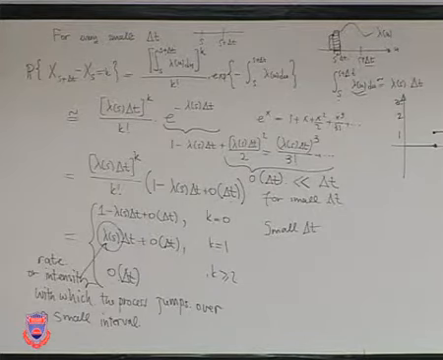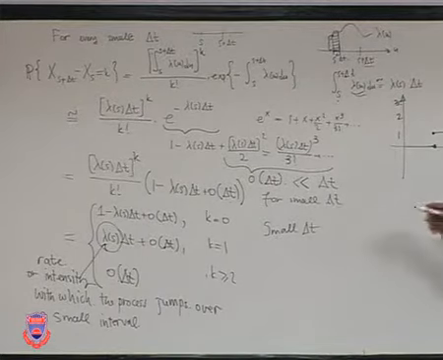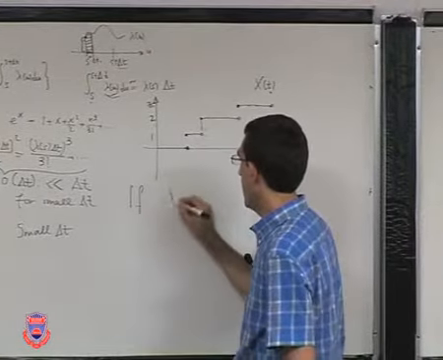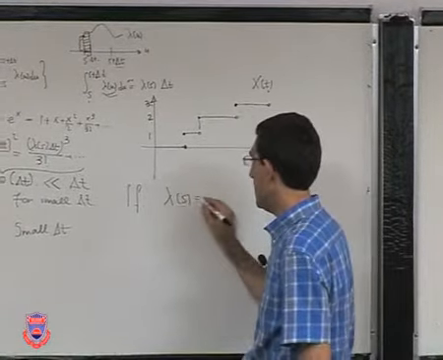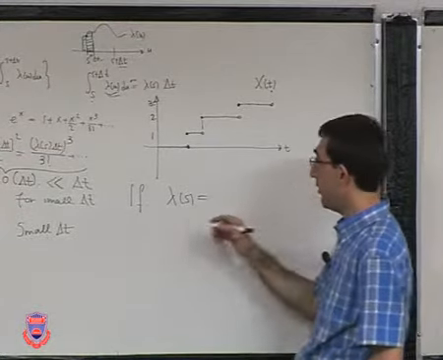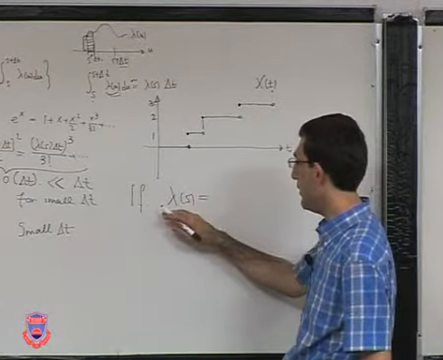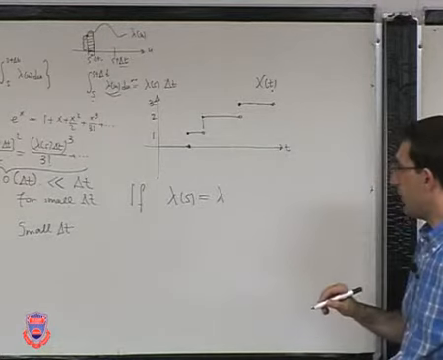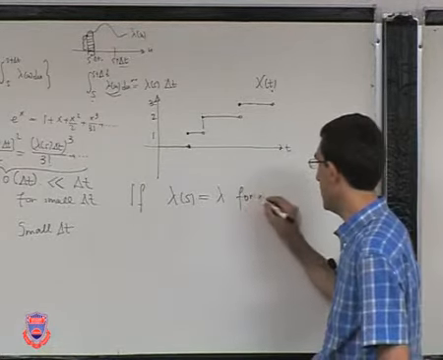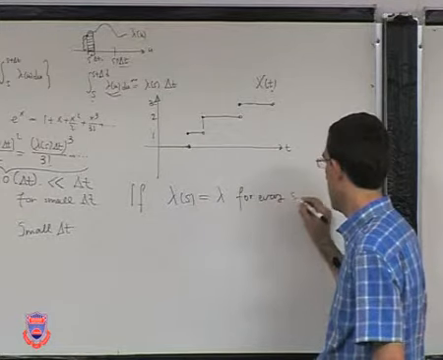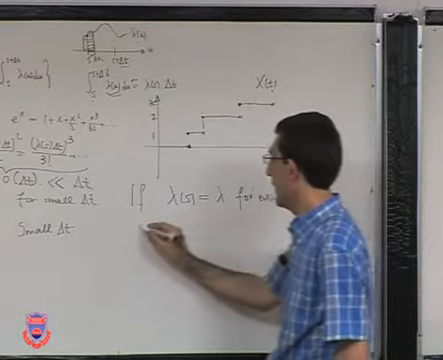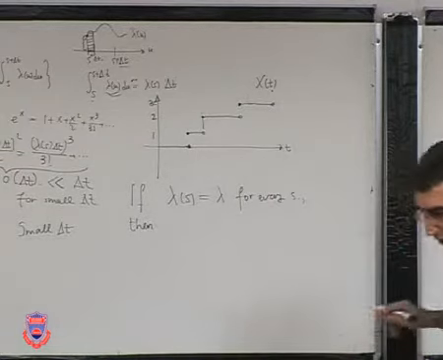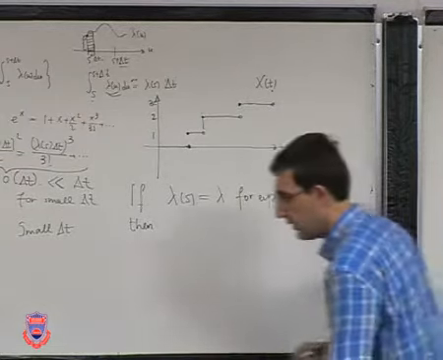Now, there are special cases of the definition that I just gave. If the intensity at any given time s equals the same constant lambda for every s, then the Poisson process is called a homogeneous Poisson process.